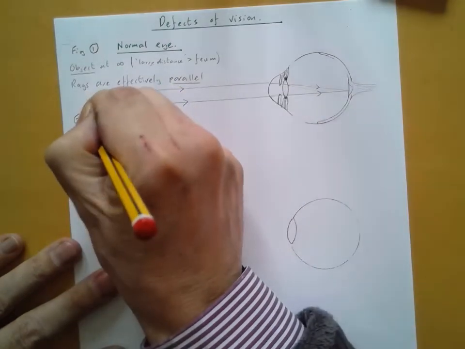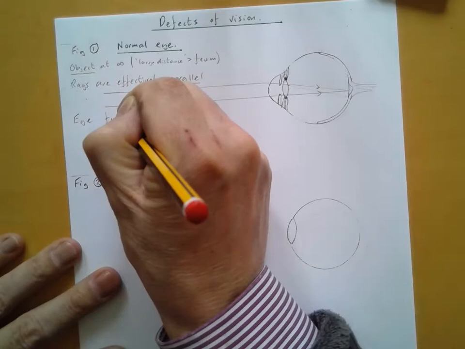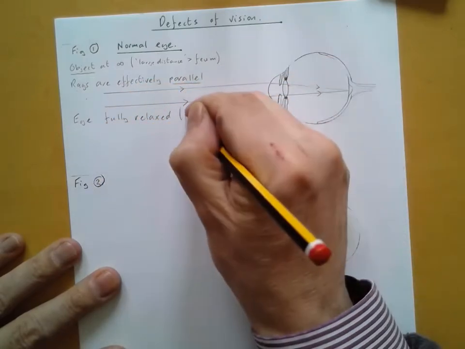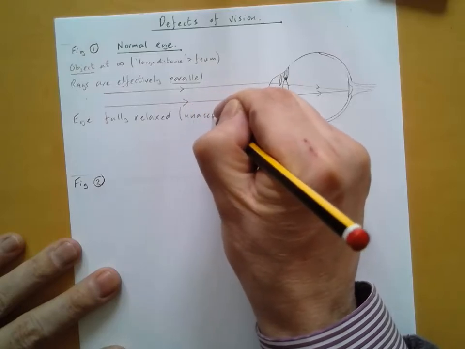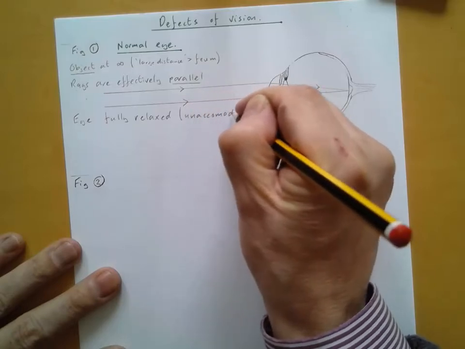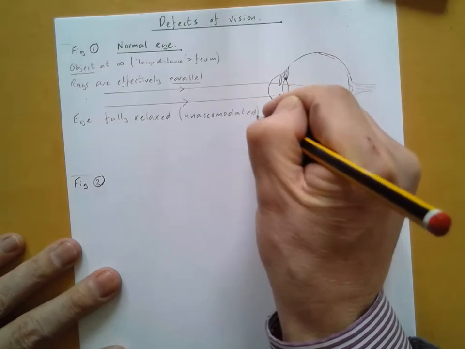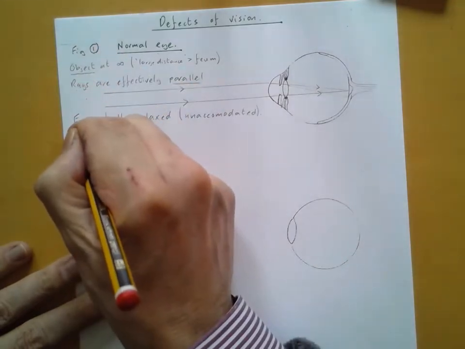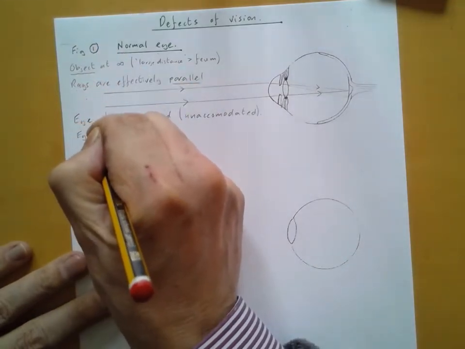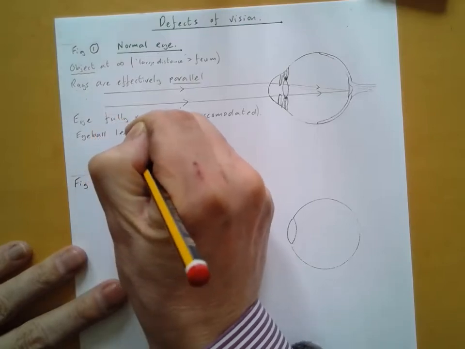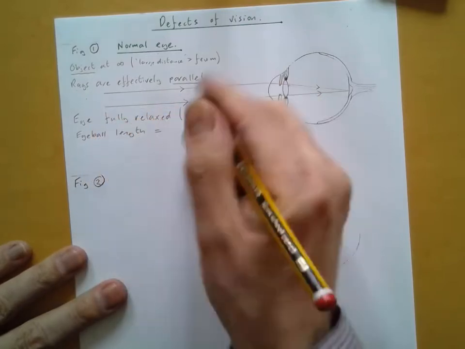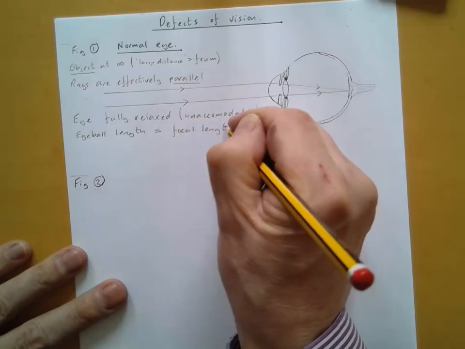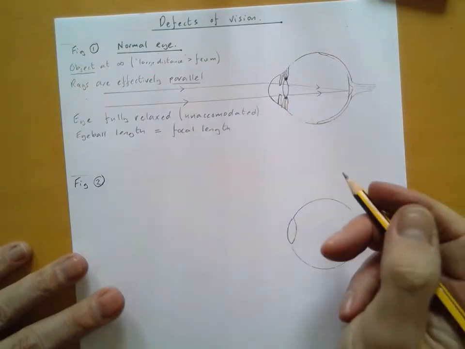And the eye is fully relaxed, or unaccommodated. And the eyeball length is equal to the focal length of the eye lens, or strictly the eye-cornea combination.